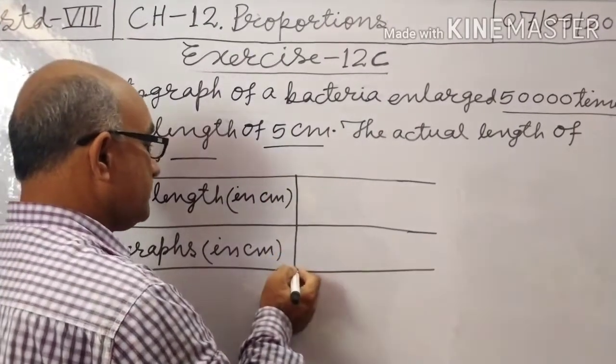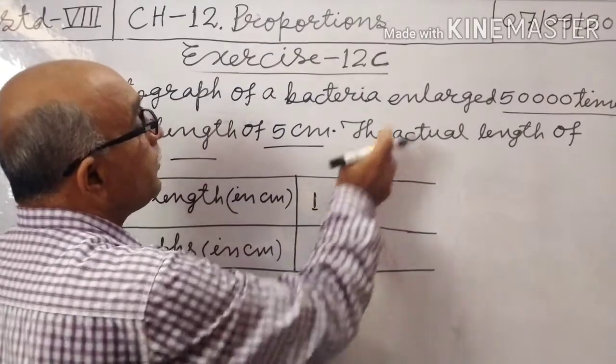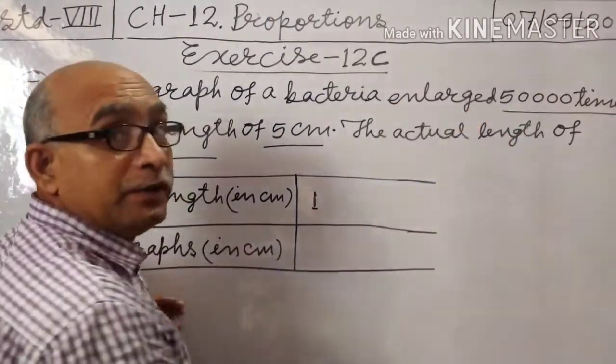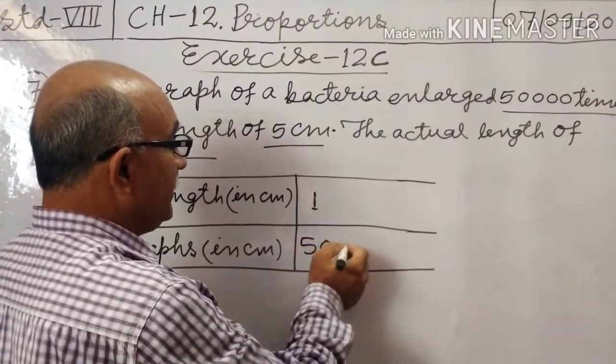So first, the actual length is 1 cm. Photograph 50,000 times enlarged, so 50,000 cm.